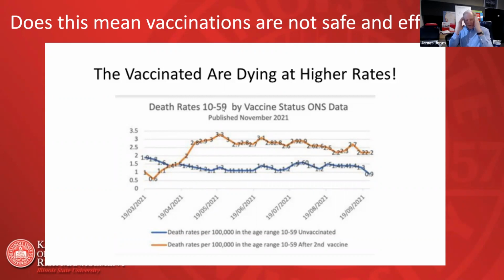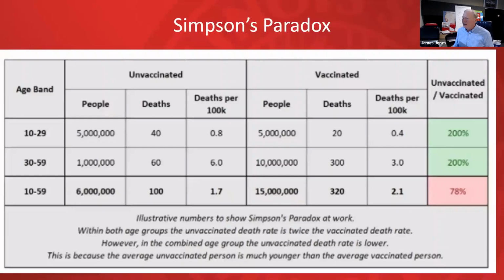Let's just make it very simple. If one group was all 10-year-olds, say the unvaccinated, and all the vaccinated were 59-year-olds, then that would explain it, right? Do you think that the distribution of vaccinated and unvaccinated are the same, that there's exactly the same percentage? It turns out that's not true.